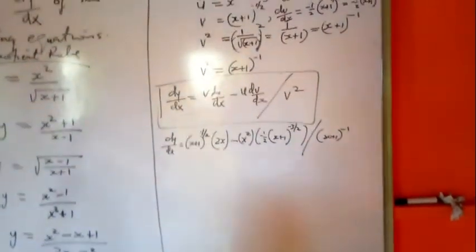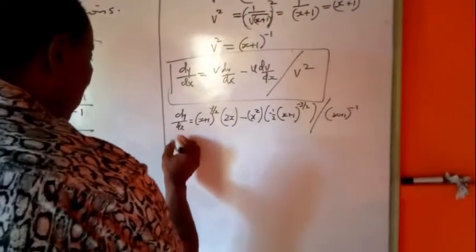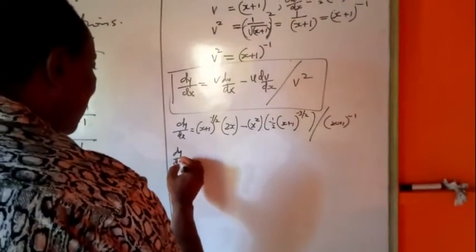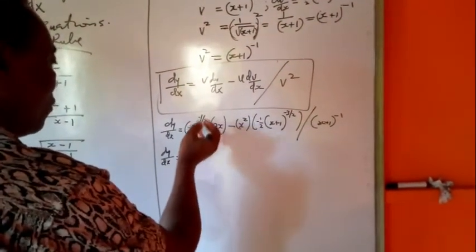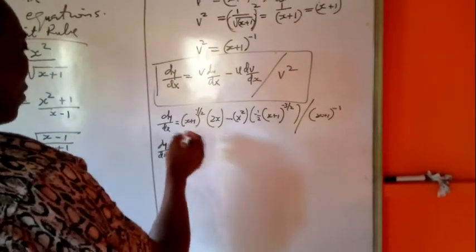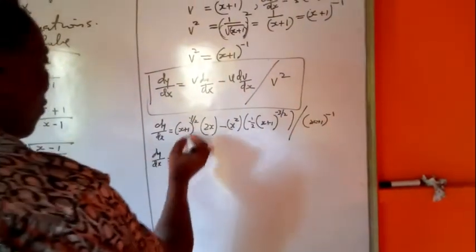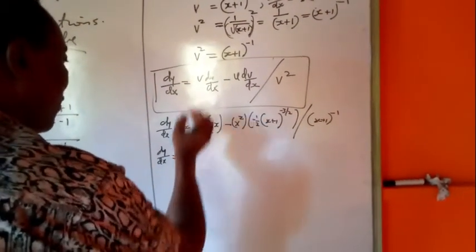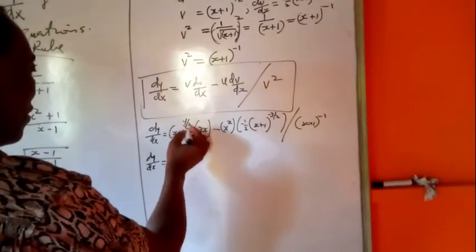Now, we are going to do a simple expression. Your dy/dx is simply 1 all over root x plus 1, or 1 all over x plus 1 raised to power half. So minus is your reciprocal sign. 1 all over what?